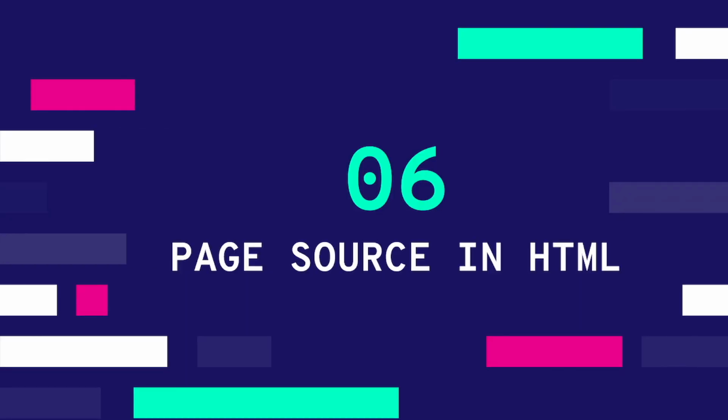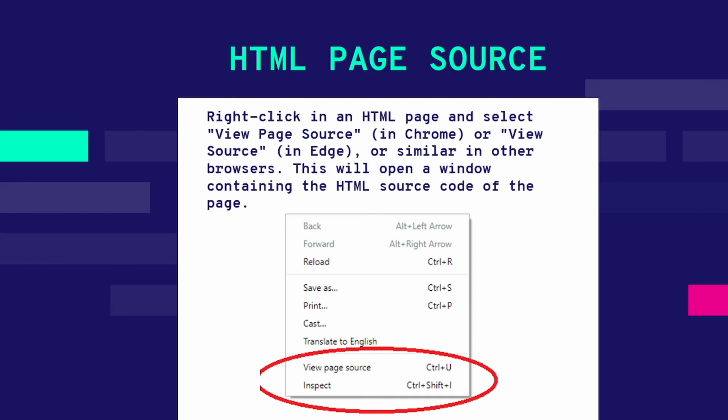So how can you see the page source in HTML? Page source is nothing but the code which is executed inside the browser. In Chrome, you just have to right click on the web page, and then this option will be there, view page source. Or you can use the Control U shortcut key, and it will show you the basic HTML code which is executed inside the browser for your HTML page.